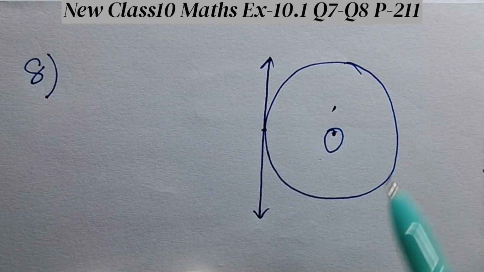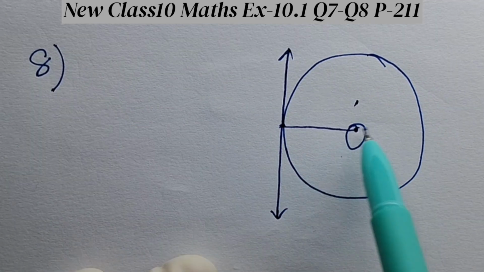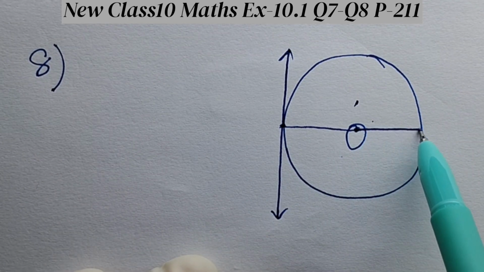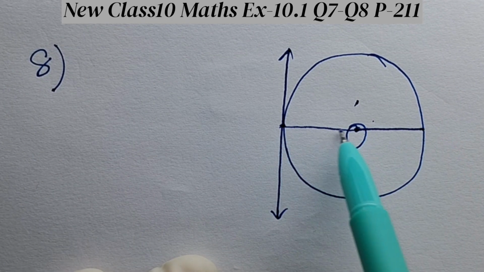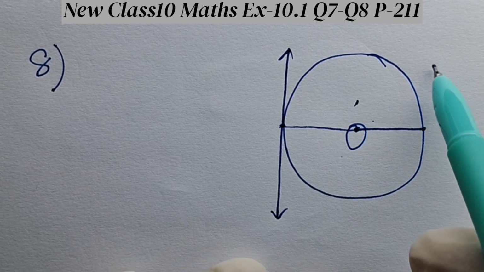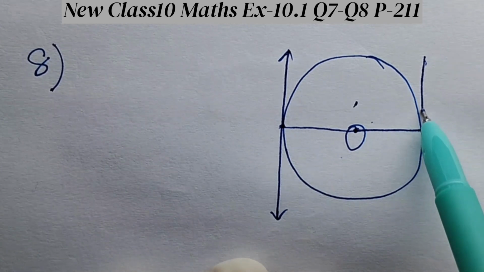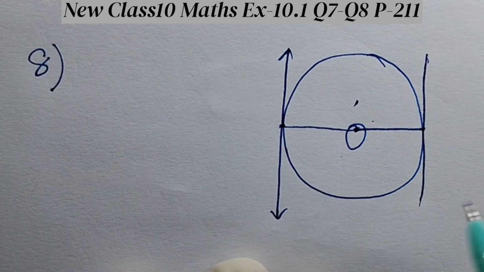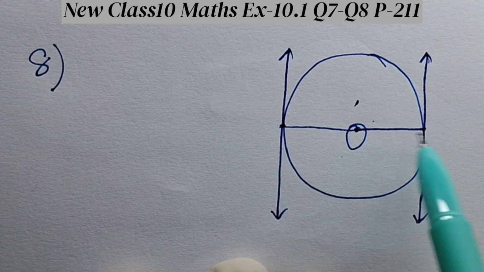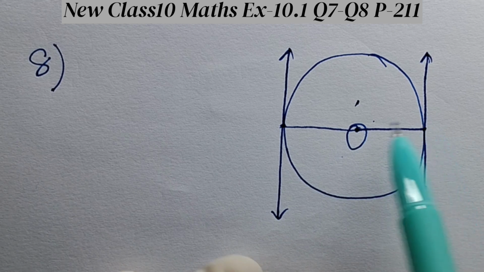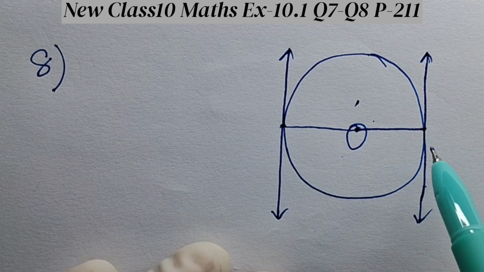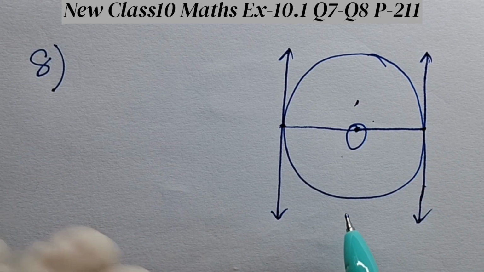This is the circle with center O. This one is perpendicular, and if I extend it, it will go to this side. Since the same line is perpendicular at this point, if I draw a tangent, this is again perpendicular. So this is the perpendicular distance between the 2 lines, and these 2 tangents are parallel.